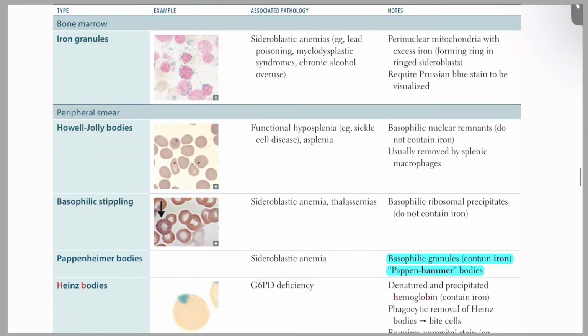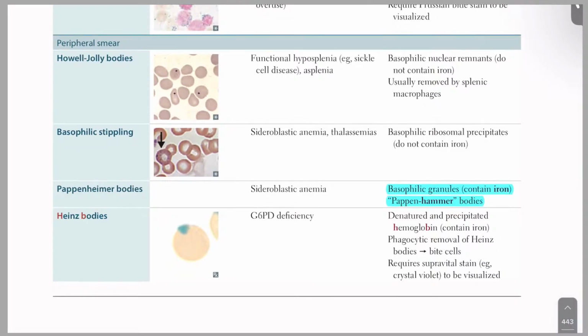Peripheral smear: oval Howell-Jolly bodies. Functional hyposplenia, that is sickle cell disease, asplenia. Basophilic nuclear remnant, do not contain iron, usually removed by splenic macrophages.